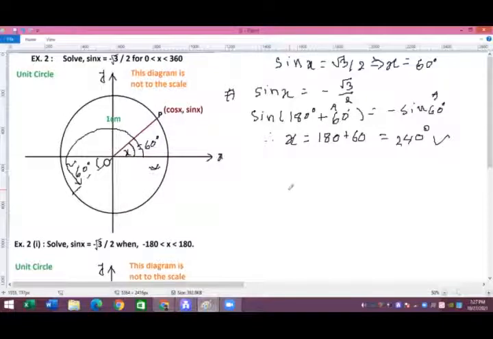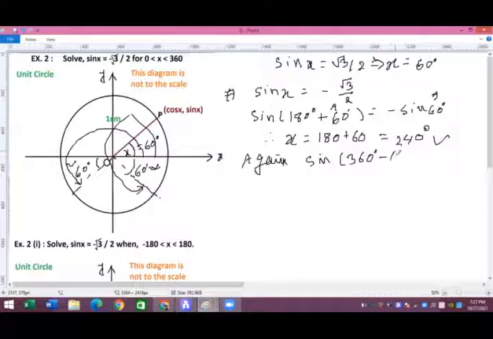And now we work in the fourth quadrant where sine is again negative. So we keep this value equal to this x, that is 60 degrees over here, and then we have to find this angle starting from the first quadrant till the fourth quadrant where sine x is negative, and this is 60 degrees. In general, sine of 360 degrees minus a equals minus sine a.